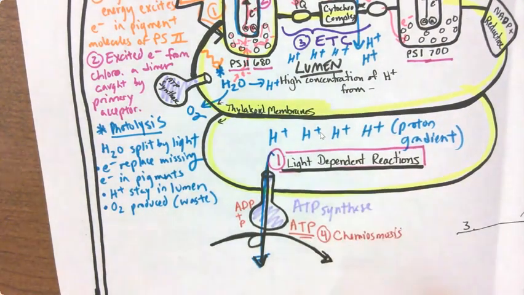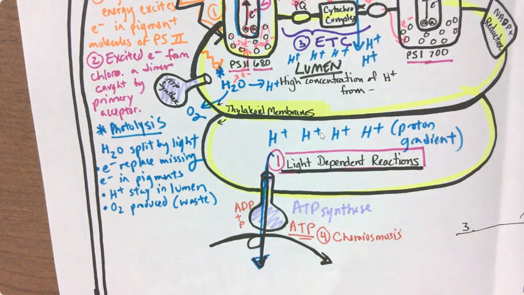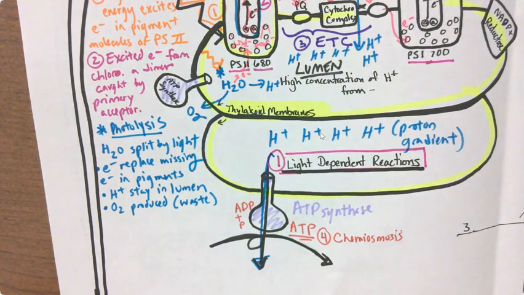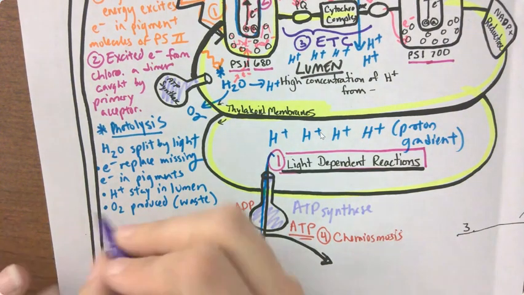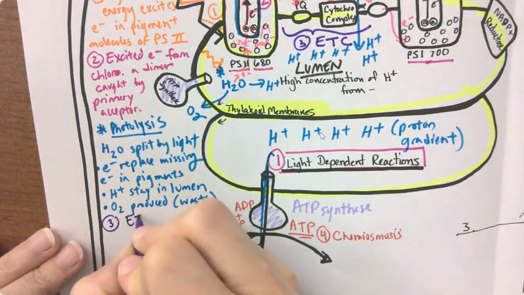So one of our intermediate products in photosynthesis is ATP. Let's write down that third and fourth step here. The third step is the electron transport chain.